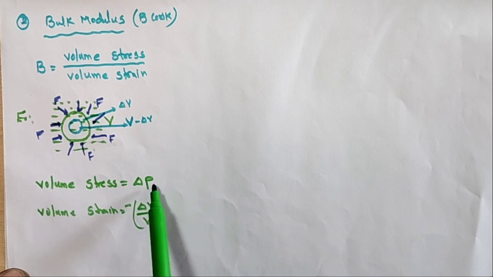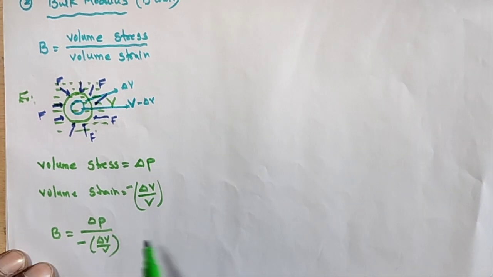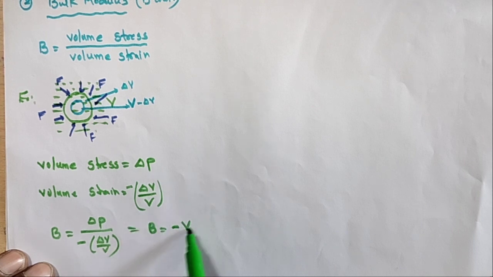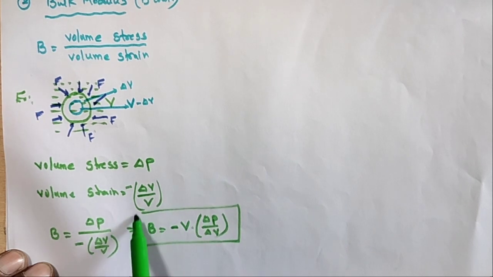When the pressure increases, the volume decreases. So what is the bulk modulus? B is equal to volume stress delta P by minus delta V by V. This is the formula. Or B is equal to minus V into delta P by delta V. So this is the bulk modulus.